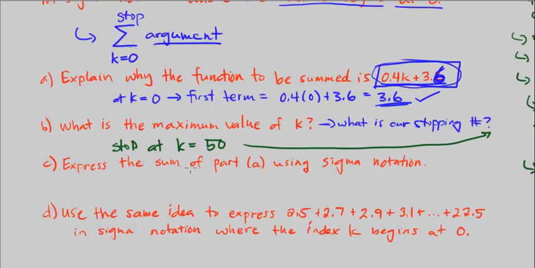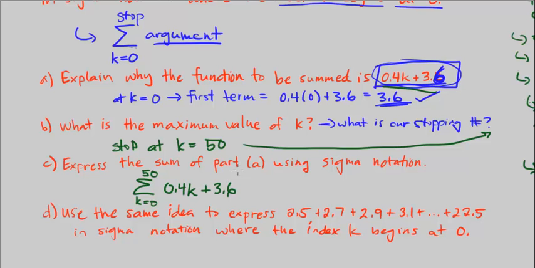So let's go ahead and express the sum of part A using sigma notation. We already know that it starts at k equal to 0, stops at 50, and the argument is 0.4k plus 3.6.